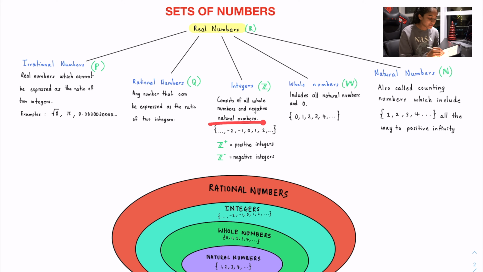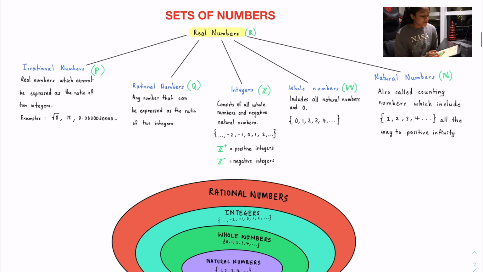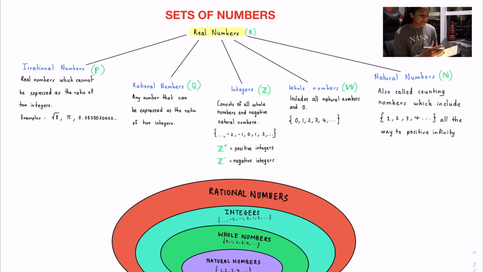I put a little example here, and it goes all the way on each side. There's Z positive, which is a symbol these two symbols you also need to know, and all this means is the set of positive integers, and Z negative is the set of negative integers. Now we look at whole numbers, and this includes all natural numbers and 0.